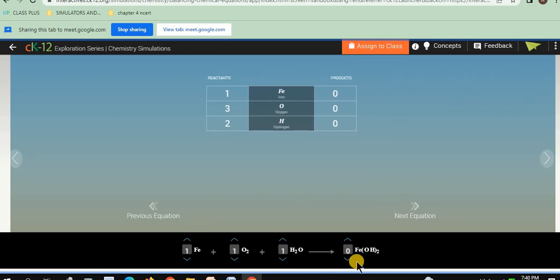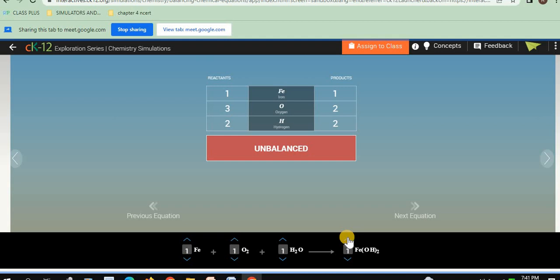So this question, let us do 1, 1, 1, 1 now. Fe is balanced already, and shall we balance oxygen? Oxygen is already balanced. Hydrogen is 2 and 2 here. Oxygen not balanced. So what should we do now? How to balance oxygen?